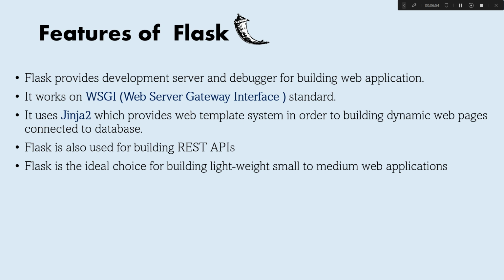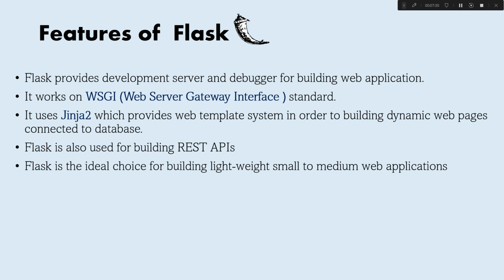That's why with Flask you can connect any database, whether it is MySQL, SQLite, or Postgres. And this is only possible because it uses the Jinja 2 templating system, which provides web templating. That's why it is also sometimes known as the MVT, Model View Template, framework, because it works on a templating system.